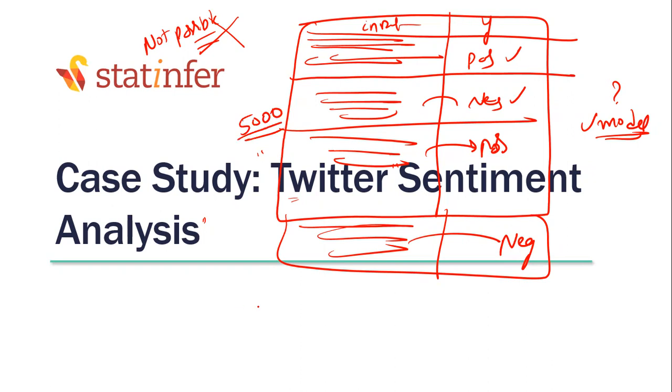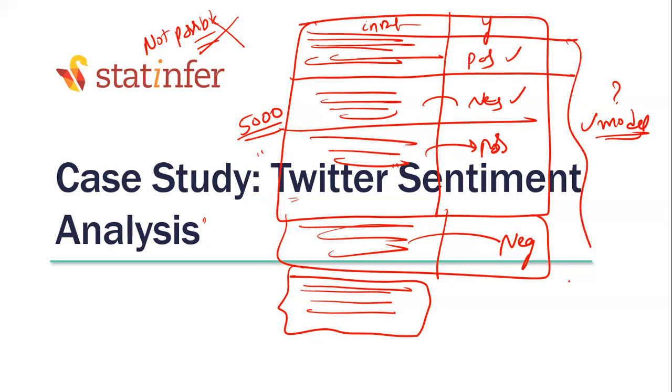When a new review comes, the model learns the patterns from here. Put them in a model. When the new review comes, can the model now predict positive or negative? Yes, the model will learn all the patterns from there, then predict it as positive or negative.